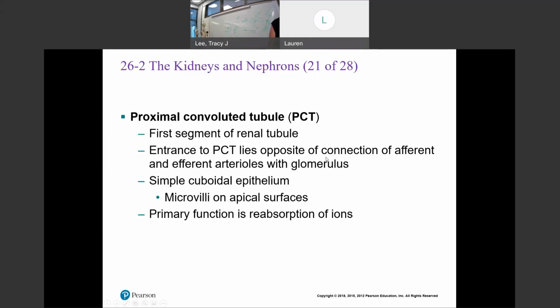They're going to go into the peritubular fluid, cross this little fluidy space, and then go back into the bloodstream up here. So right here is a good example of why the efferent arteriole runs so close to the proximal convoluted tubule, because we're taking good stuff right out of here, and we're going to put it back into the blood right there.